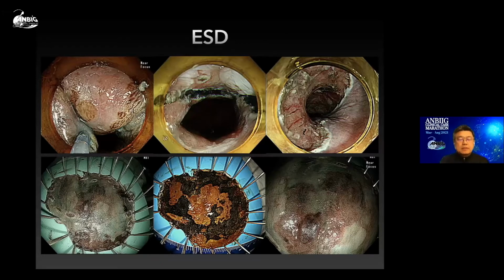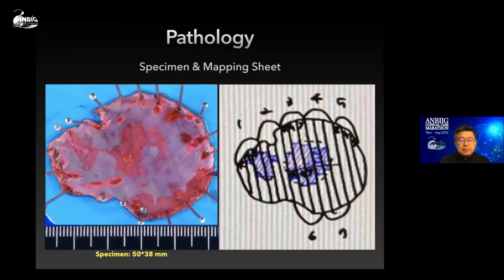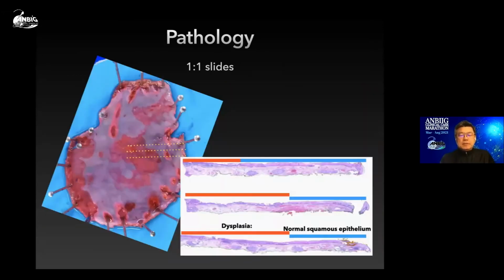Okay. You can find the 2 foci. Here is the G line. This is the specimen and the mapping sheet. Yeah, it's a 1-to-1 slide. The blue bar is normal squamous epithelium, and the red bar is the lesion.